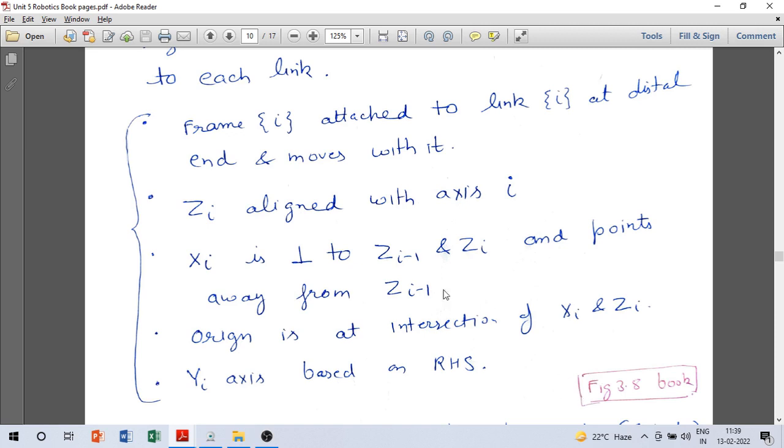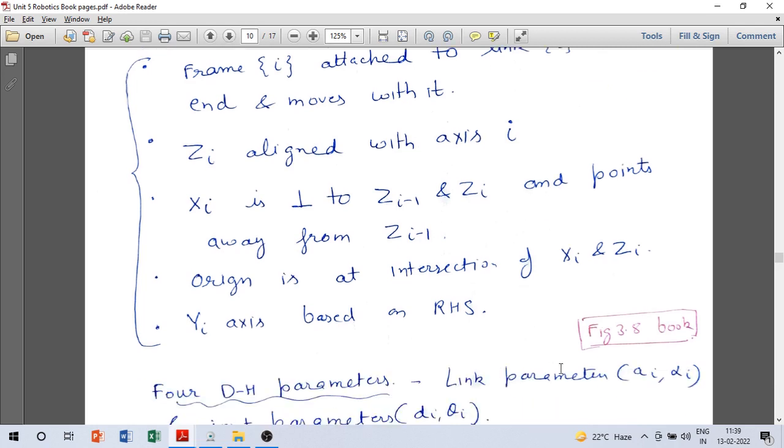I'll refer to figure 3.8 and explain this. So z_i is straightforward. x_i will be perpendicular to these two, so x_i will actually be along a_i. That was the link length. x_i is just along that. It is perpendicular to the two axes for that particular link. Once we have x_i and z_i, we get the origin. The origin will be at the intersection of x_i and z_i, straightforward. Then y_i is also straightforward. This will be based on the right-handed coordinate system. If you have x and z, based on the right-handed system, you get y_i perpendicular to x and z, and you also get the sense of y_i.